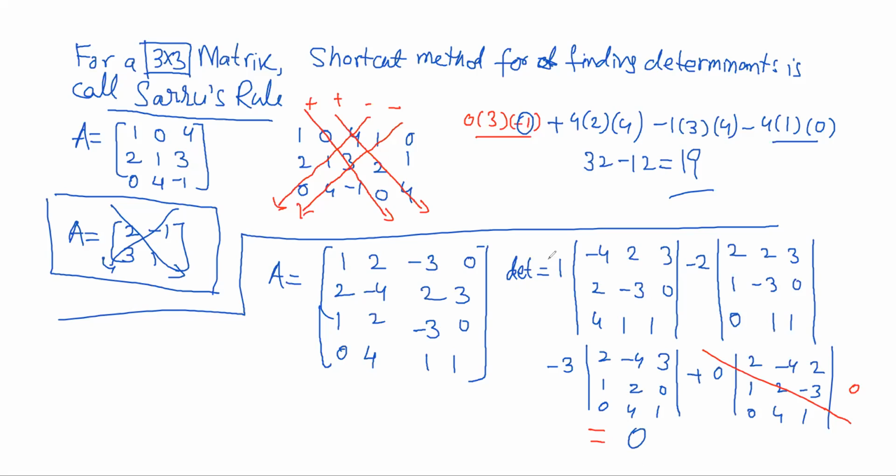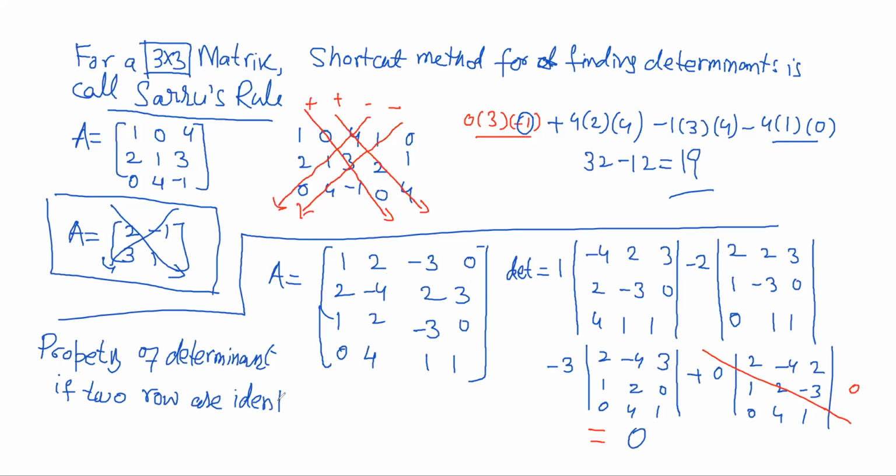But actually, we don't have to do this calculation to say that it is 0. There is a property of the determinant which says that if two rows are identical, then the determinant of A, if that matrix is named A, will be equal to 0.